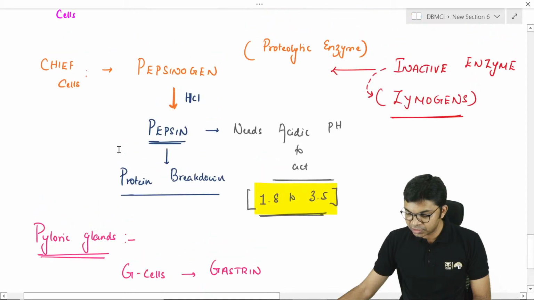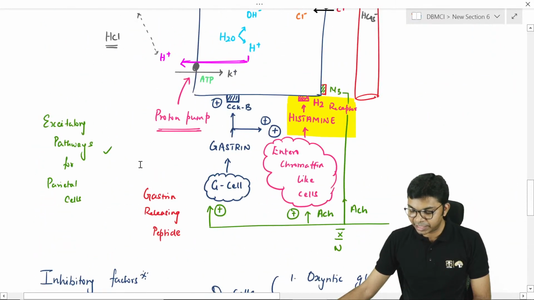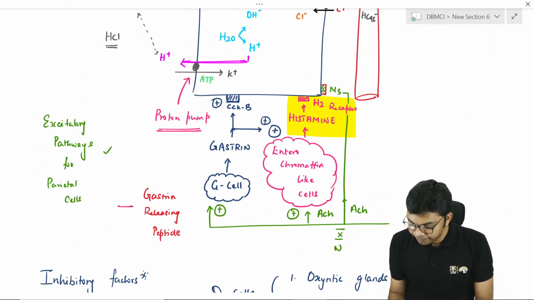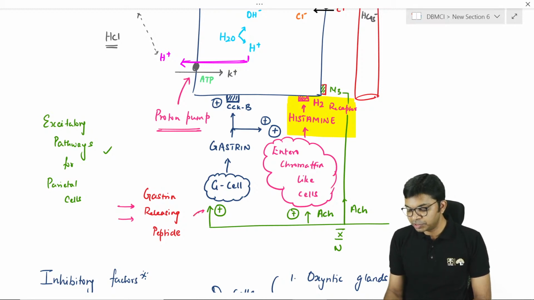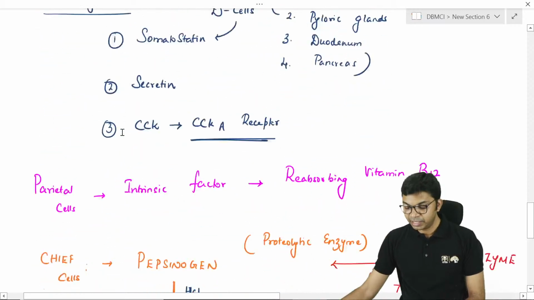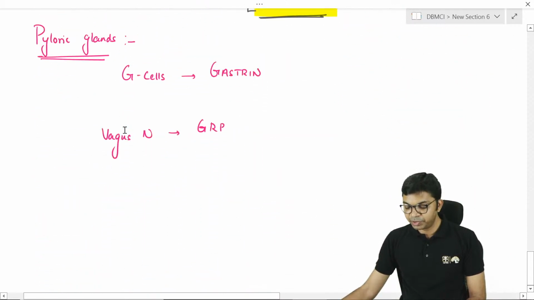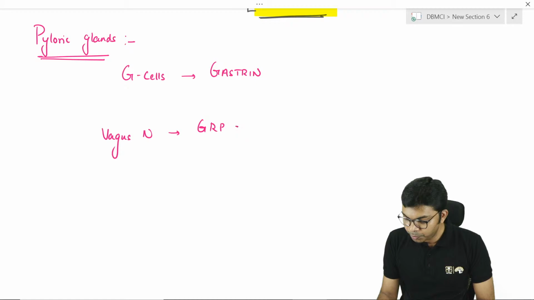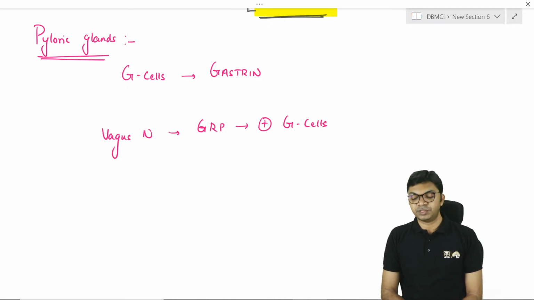We just discussed gastrin releasing peptide in acid secretion. You remember, we have a neurotransmitter called gastrin releasing peptide, which is the neurotransmitter of the vagus nerve, isn't it? So the vagus nerve produces gastrin releasing peptide, which is going to act on G cells and ultimately lead to gastrin production.